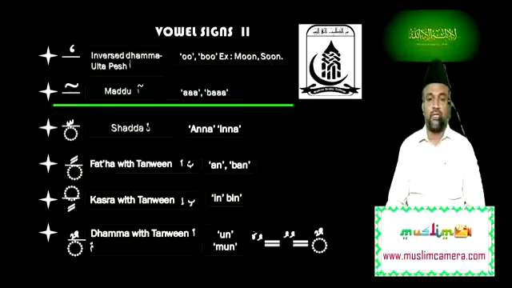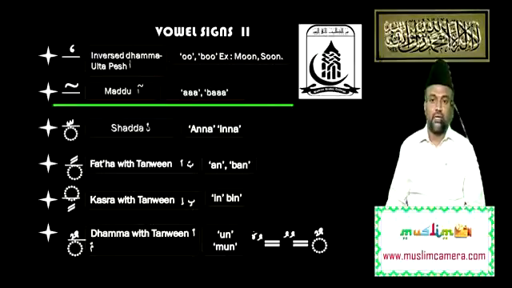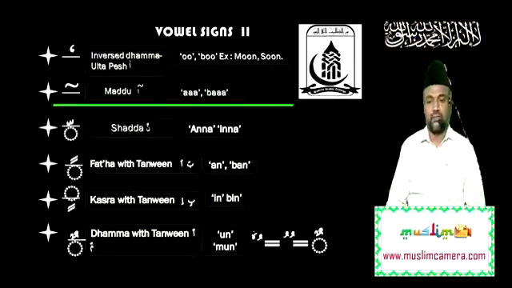Normal syllable is 1, but you have to read it as several syllables. You have to elongate it. We will see practically how it happens. Ba, ta, like that. If the symbol is there, you have to elongate it.